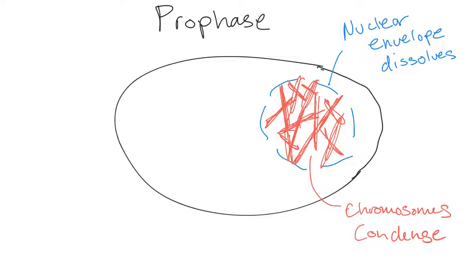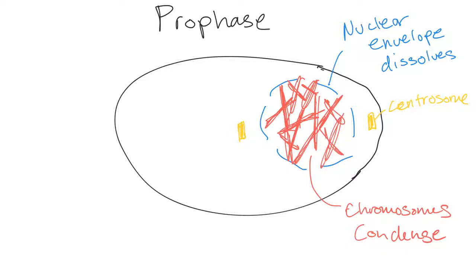So at this phase, are any of the outside organelles affected? Is there any change happening there too? Yeah, so one organelle is the centrosome. It's also preparing, getting ready to attach to the chromosomes.